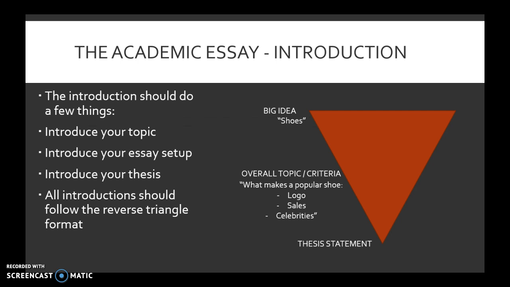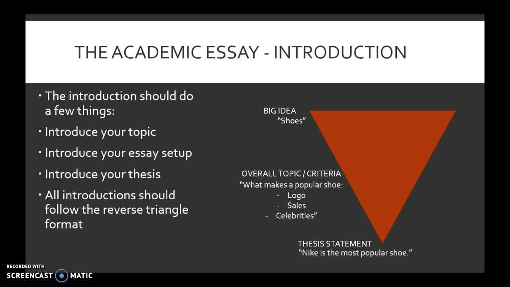Okay, so then you say, well, a logo might make it popular, sales might make it popular, or celebrities might make a shoe popular. Okay, and so then you go from this big idea of shoes to a more firm idea of what makes a shoe popular, and then finally you have a thesis statement, which is an argument, something that someone who reads your paper might not agree with.